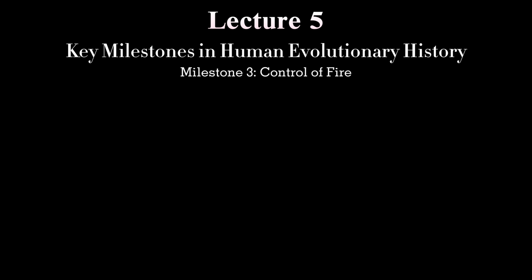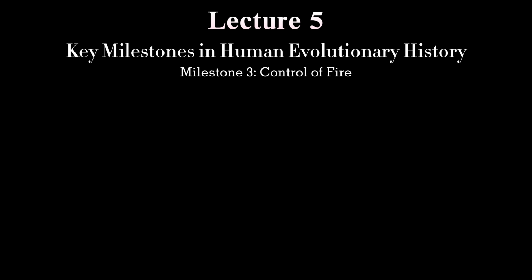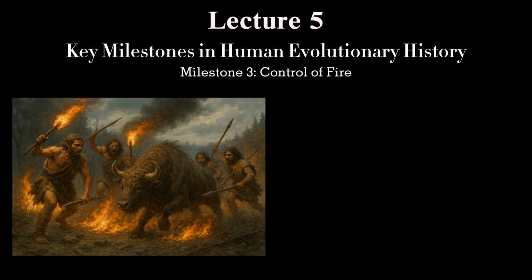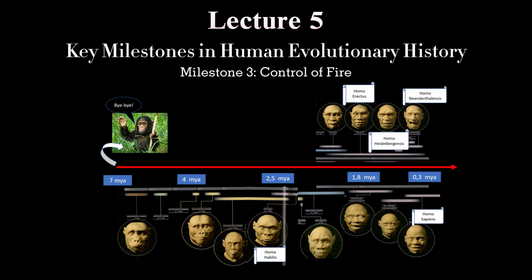Contrary to popular narratives, such as those in Yuval Noah Harari's book, Sapiens, neither fire-based hunting nor fire-based predator defense leads directly to human uniqueness. Many hominin species before Homo sapiens used fire, yet did not possess language and consciousness, and eventually went extinct.